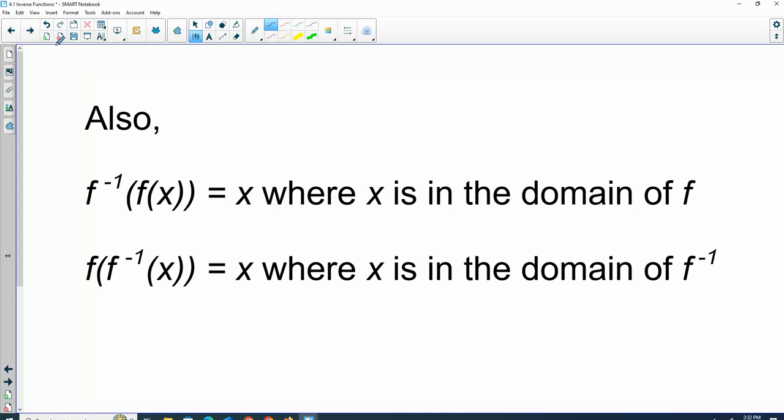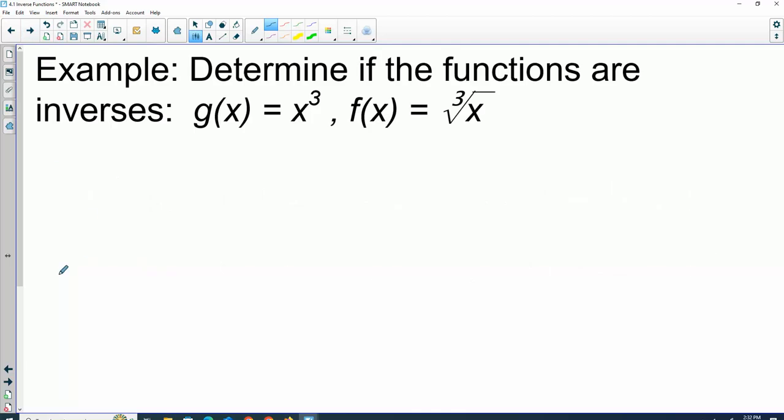So if I ever ask you to decide if two things are inverses, what we can do is check their compositions. We can see, do they cancel each other? We need to check f composed with g and g composed with f. In order for them to be inverses, both of these things have to equal just x. They have to cancel one another out. If either one doesn't work, then that means my functions are not inverses.